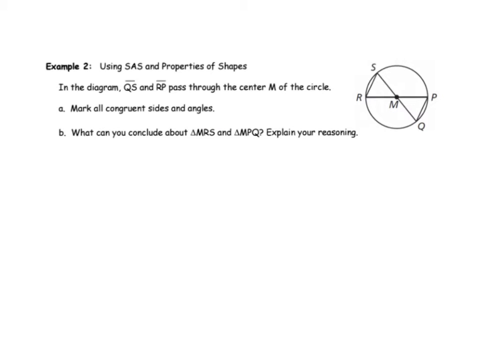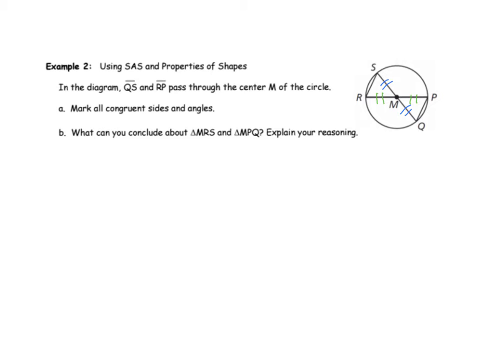Now, we would know then that this side would be congruent to this side, and this would have to be congruent to this, because those are the radius. Technically, they're all the actual same value, so I could technically make them all have the same marking because they're all the exact same value.